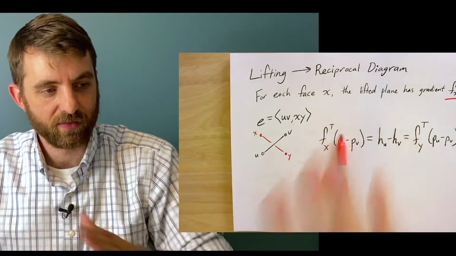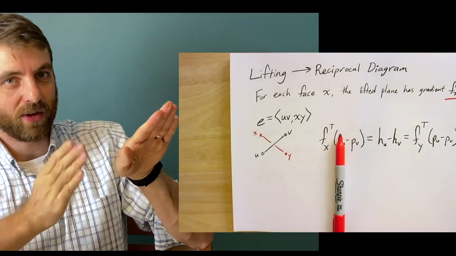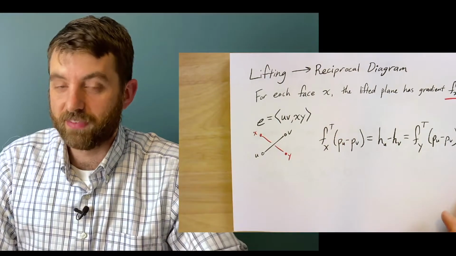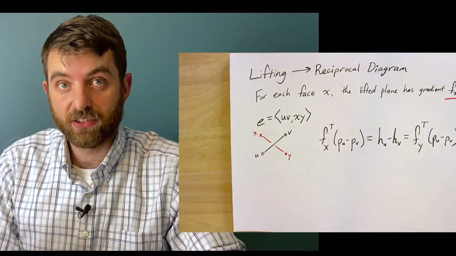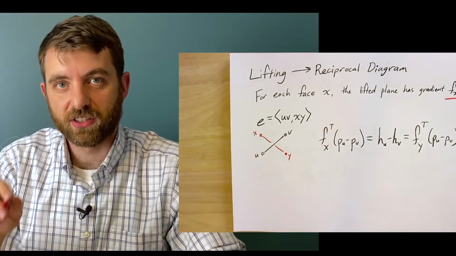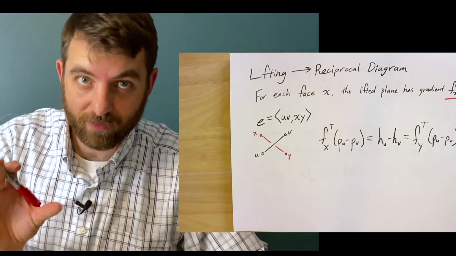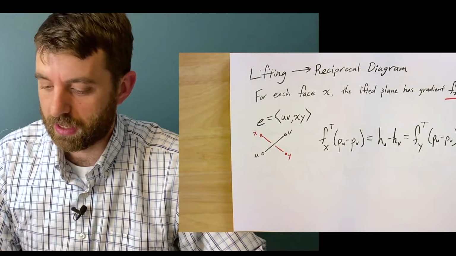I need to put the video here so you can see my hand waving, right? So if I slope up in this direction, my gradient is in this direction. All right, so if that's the gradient for the face, then if I look at an edge, and again, I'm using this notation, uv comma xy for the edge. So uv is an edge in the graph, and xy is its dual edge in the dual graph.